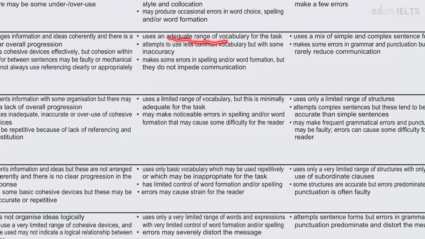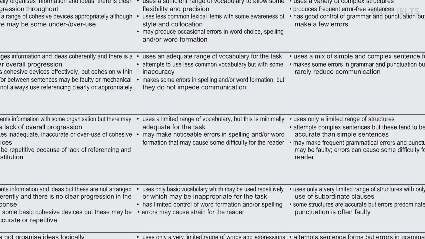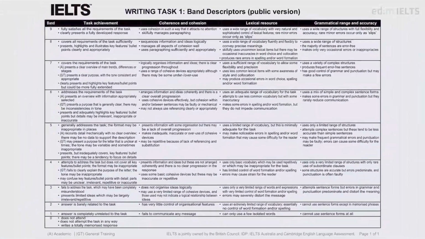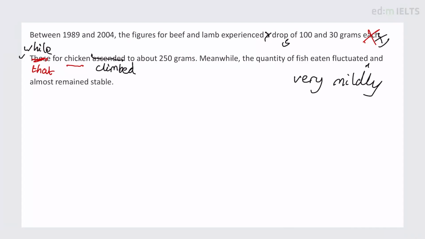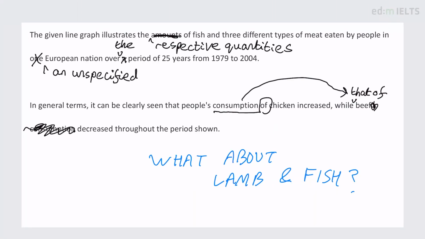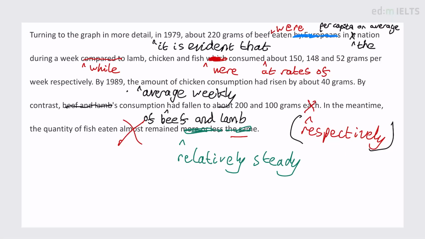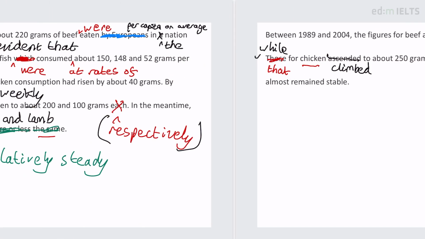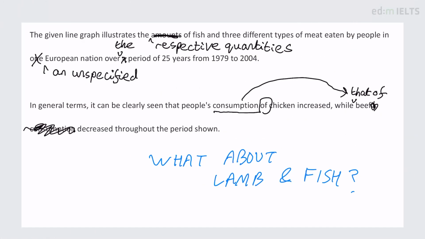So vocabulary, adequate range of vocabulary for the task. Attempts to use some less common vocabulary, but with some inaccuracy. I think that's pretty fair. There's some very good language here, although it's a little short, so I wonder whether it's 150 words. I feel maybe it could change the language a bit.